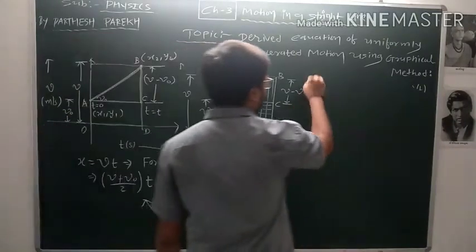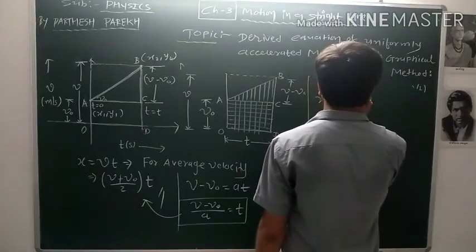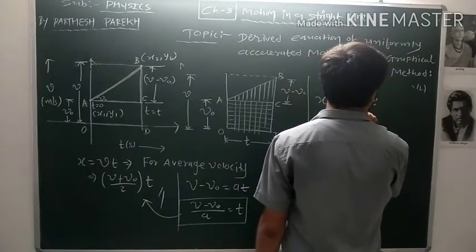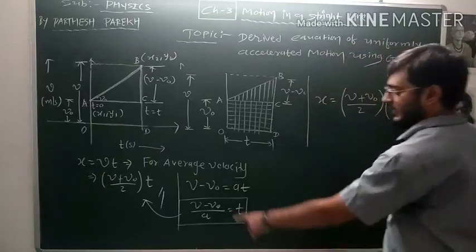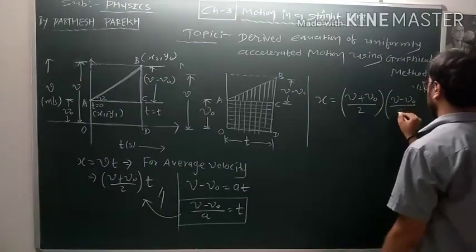We replace t with v minus v naught by a, so x is equal to v plus v naught by 2 multiplied by v minus v naught by a.